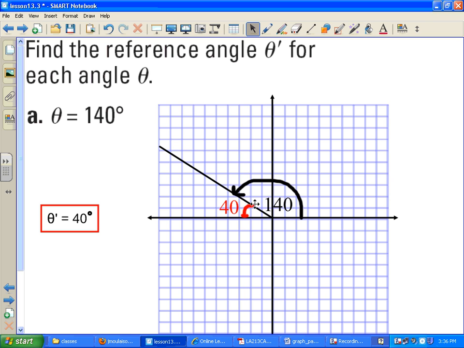So the reference angle is here, the acute angle between the terminal side and the x-axis. And we know that's 40 degrees. Angle addition postulate, 140 plus 40 is the full 180, the semicircle. So that means the reference angle for 140 degrees is 40 degrees.